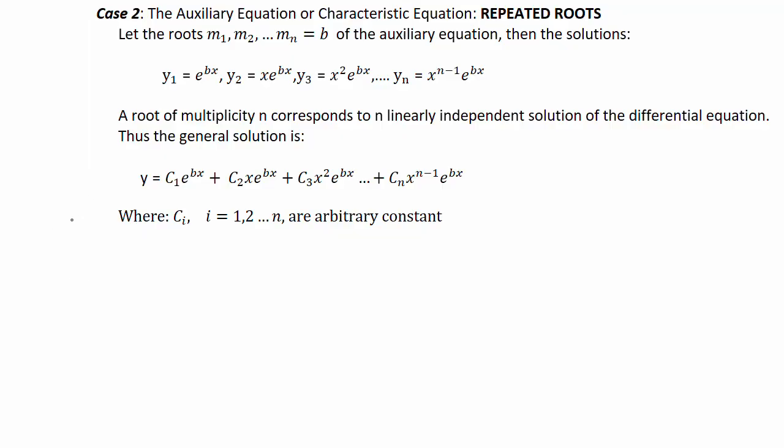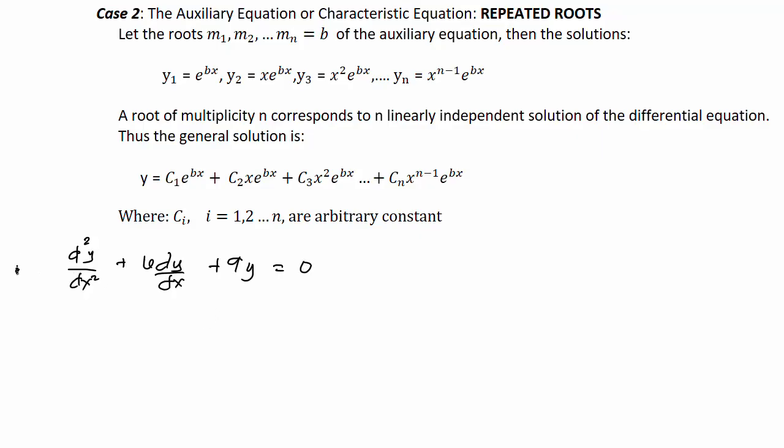So for example, let's solve and find the general solution for this given differential equation: the second derivative of y with respect to x plus 6 dy over dx plus 9y is equal to 0.